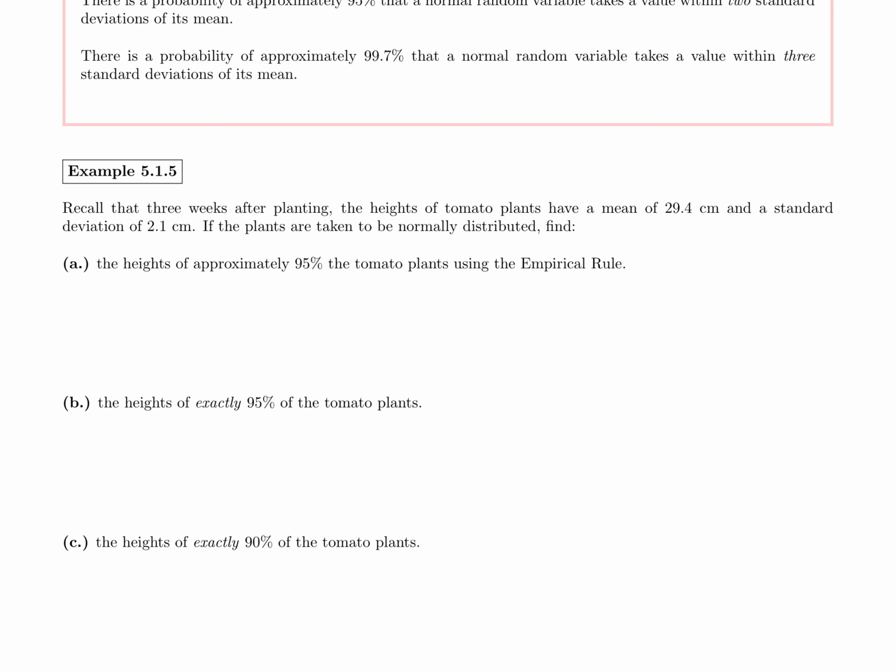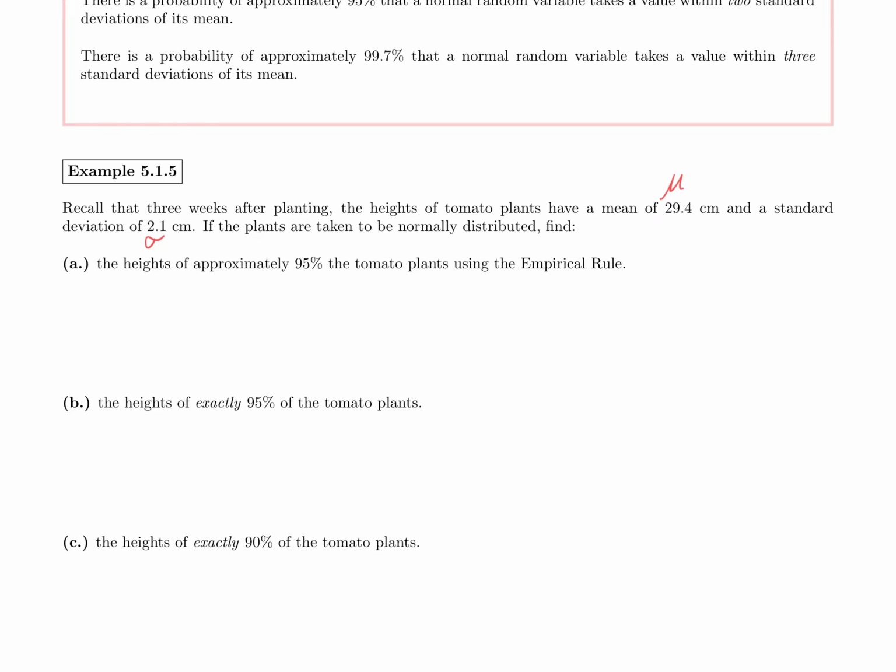So we're going to look at an example using the empirical rule. This one says that 3 weeks after planting, the heights of tomato plants have a mean of 29.4 centimeters, so there's our mean, and a standard deviation of 2.1 centimeters.